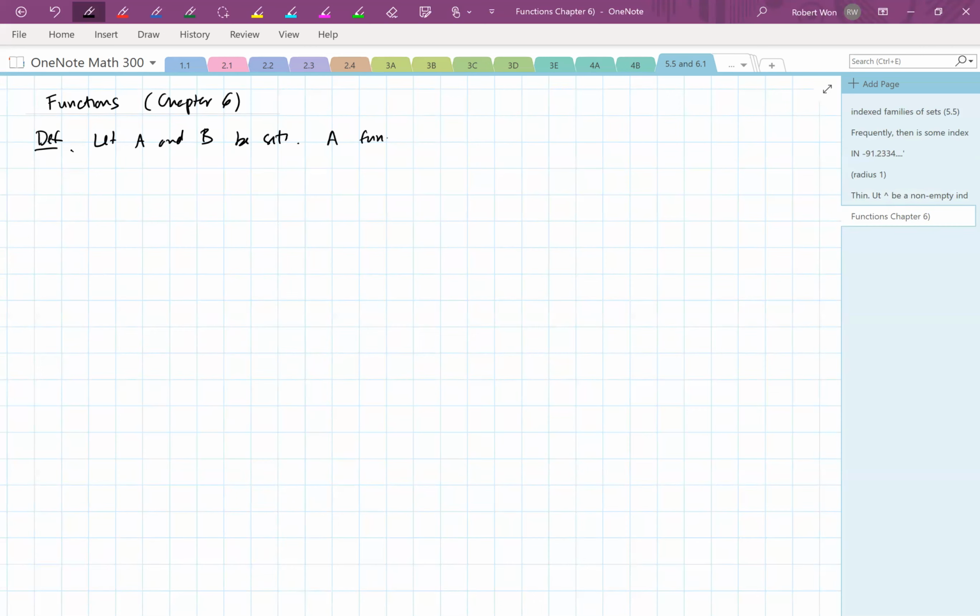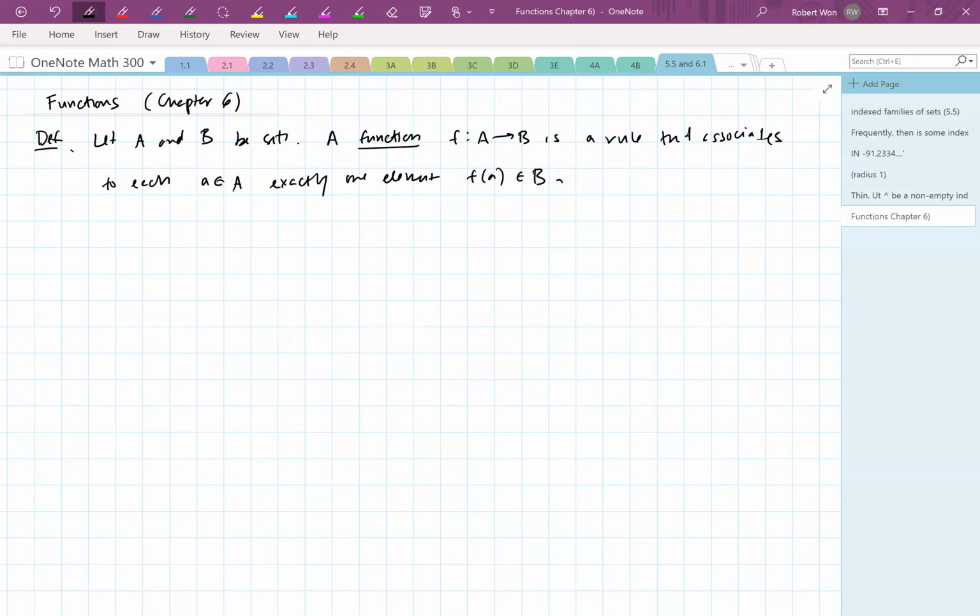A function f from A to B is a rule that associates to each a in A exactly one element, f of a, in B. This set A is called the domain of f, and the set B is called the codomain of f.